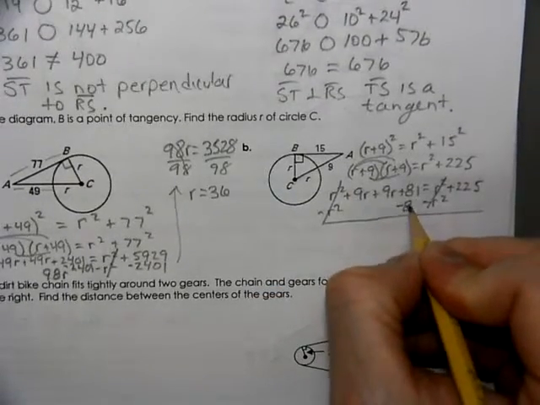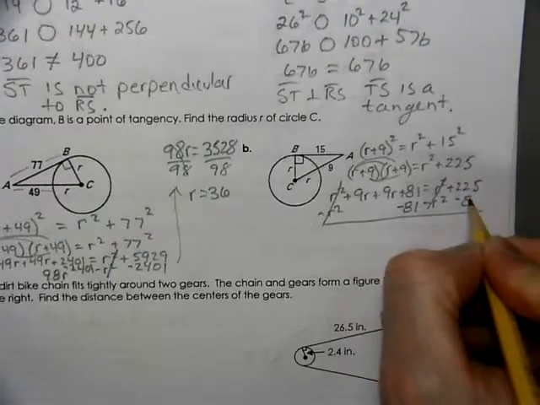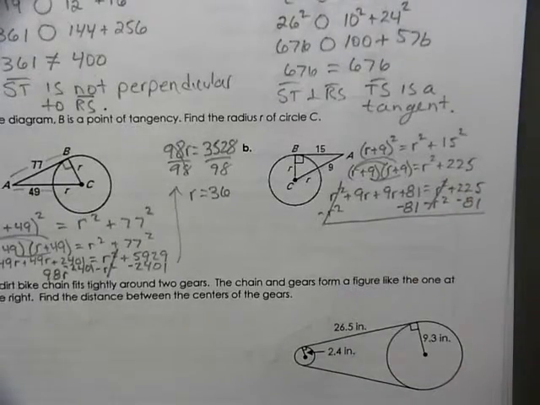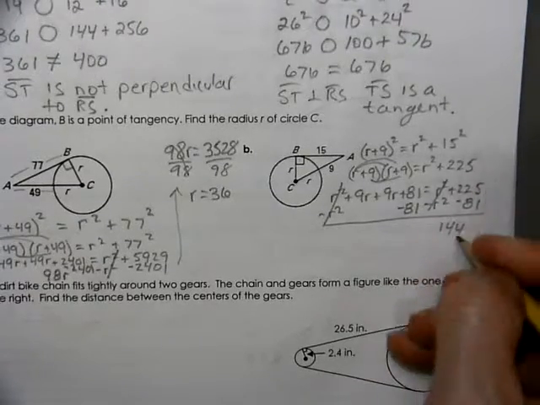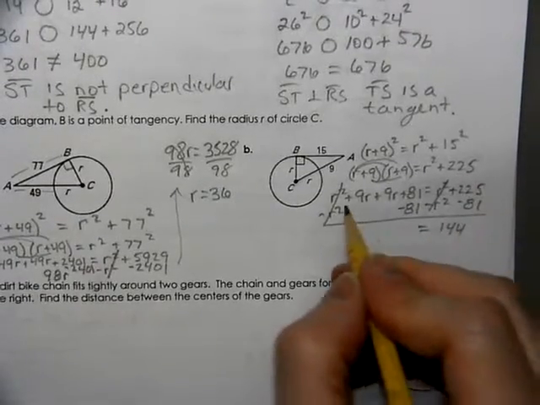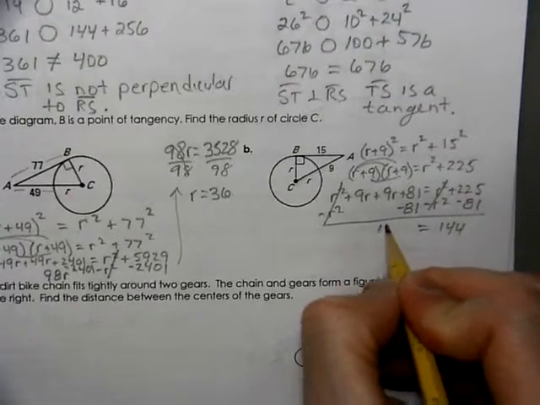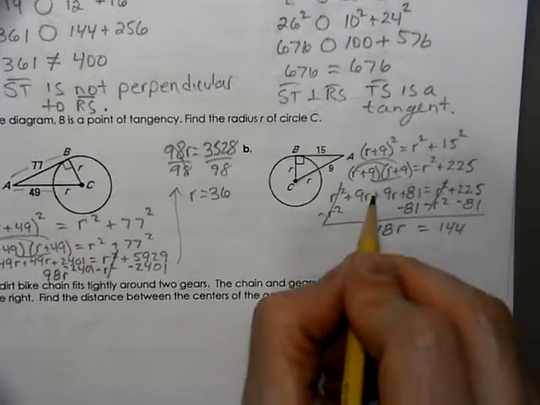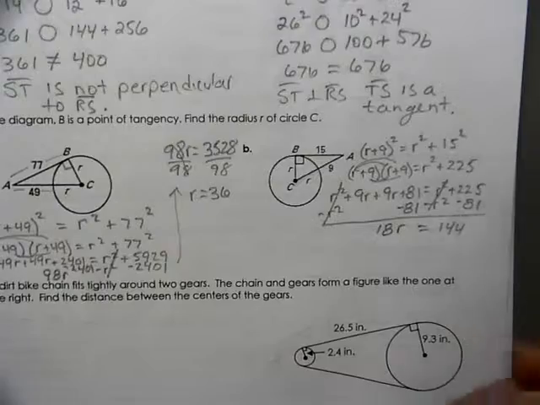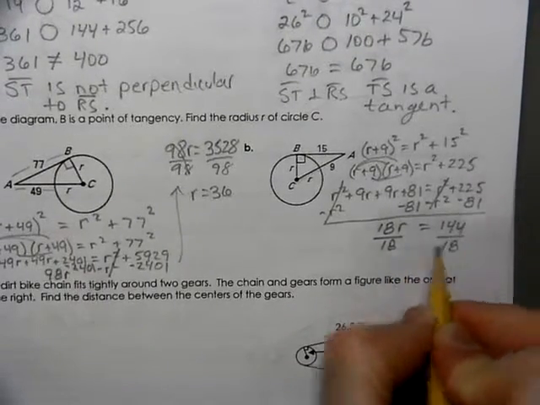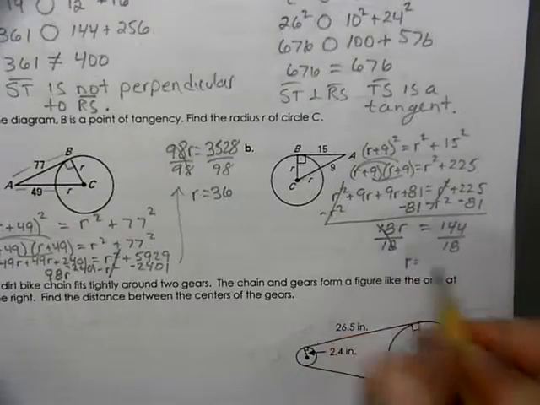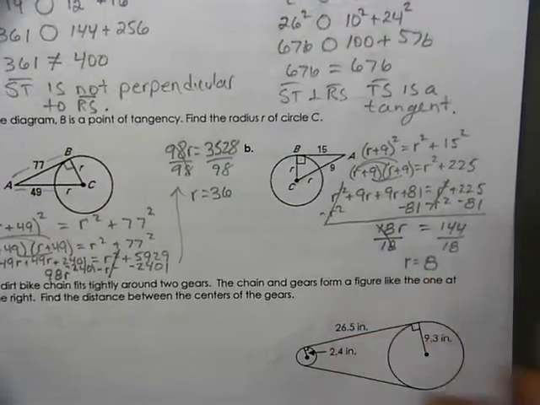We'll move over the 81. And that's going to give us 144 on this side. The 9 and 9 give us 18. They're adding, remember, not multiplying, but they're adding. So we're going to divide by 18 to get the r by itself. So find the radius, and the radius would be 8.